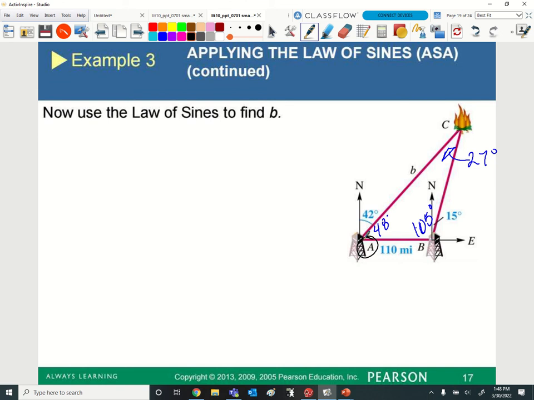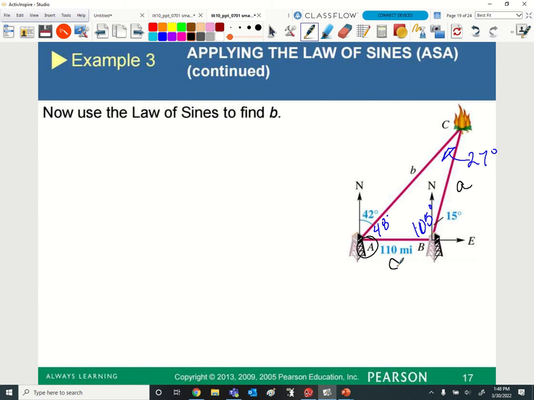BC, right? In between BC, I'm going to call that little a. In between AB is little c. Very good. And then little b is already there.